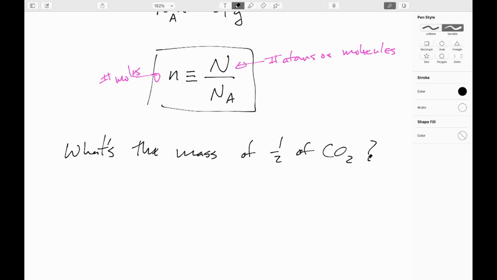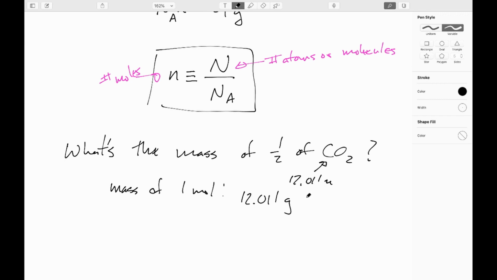Well, we can look up the atomic masses. So the mass of 1 mole is going to be, well, the atomic mass of carbon is 12.011 atomic mass units. So the mass of 1 mole of carbon would be 12.011 grams.